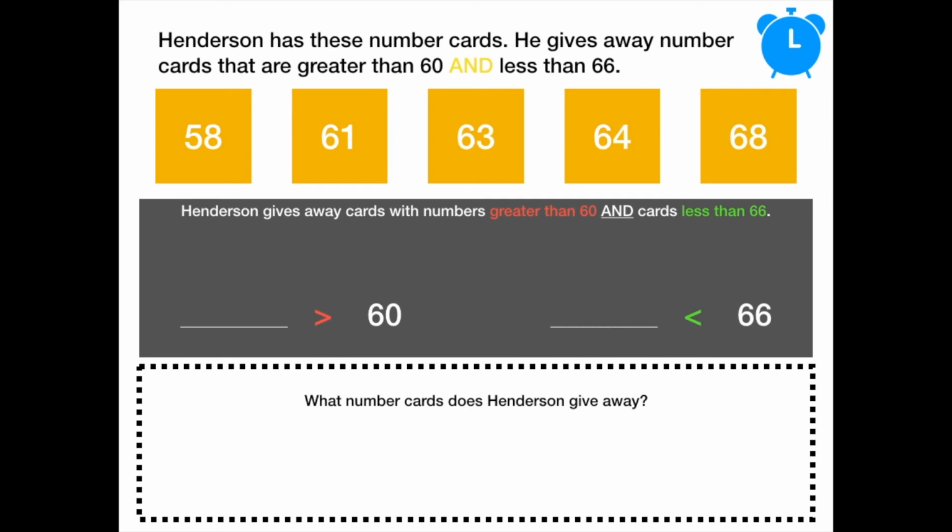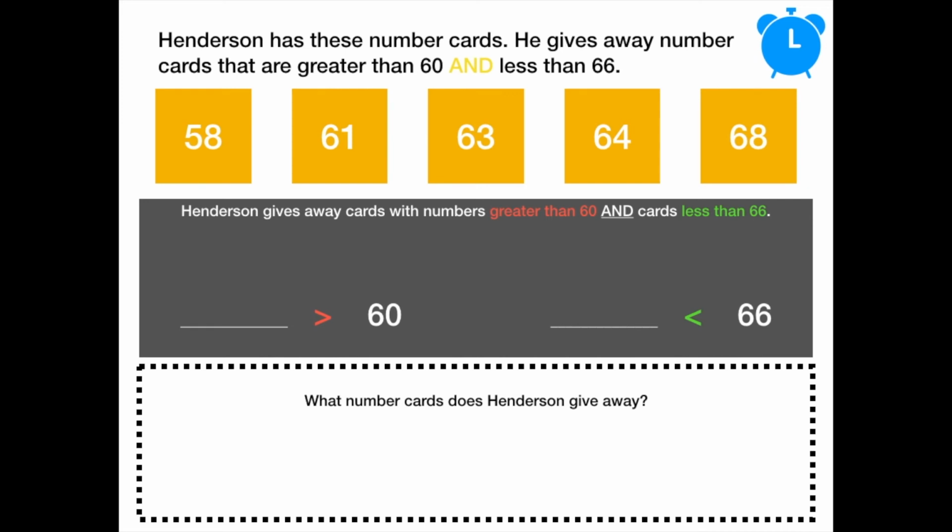Henderson has these number cards. He gives away number cards that are greater than 60 and less than 66. That means that both of those things have to be true. So when you try the number cards, make sure they work in both of those. They have to be greater than 60 and less than 66.